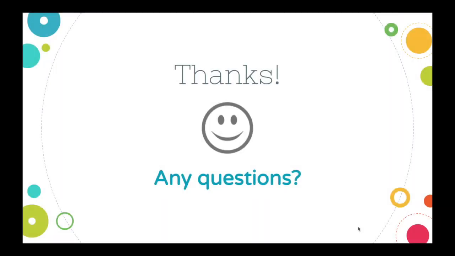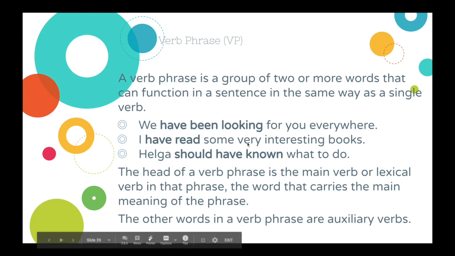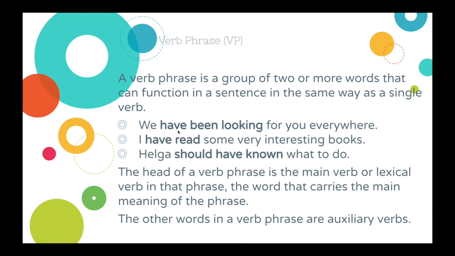Auxiliary verbs can be modals, like what we discussed in the previous chapter, or like this one, have, to give you perfect aspect, and been to give you continuous aspect, and so on.